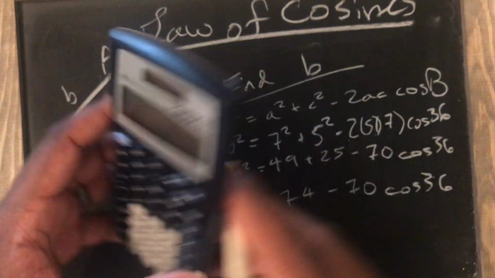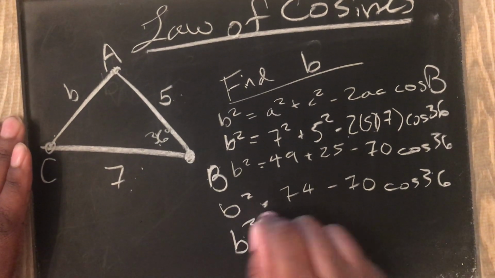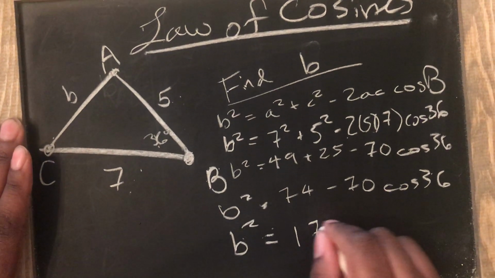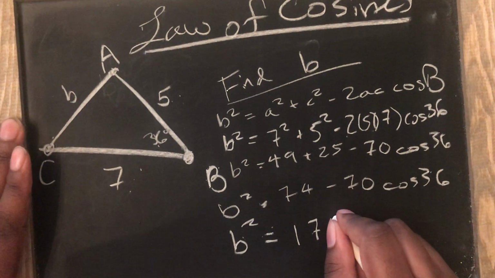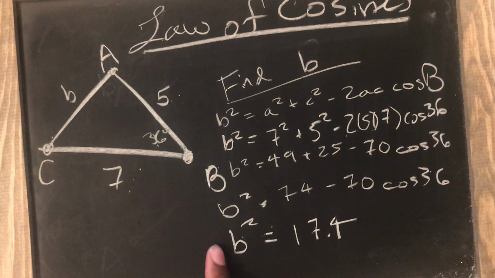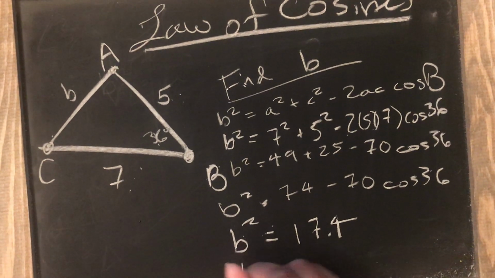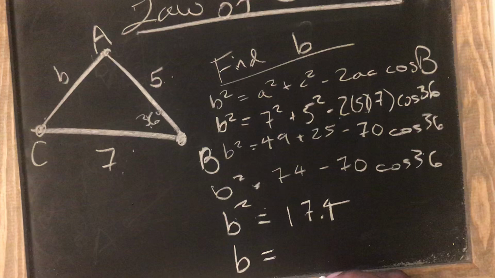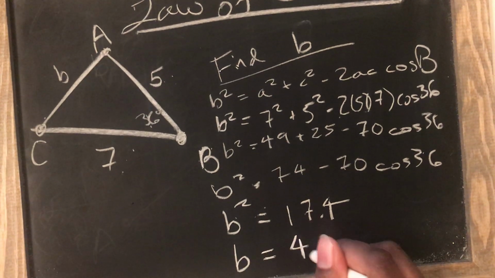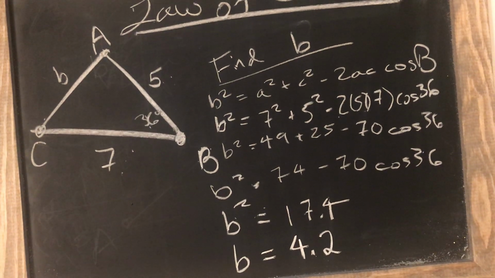Make sure your calculator's in degrees, and we get that b squared is 17.4, rounding. Now, if b squared is 17.4, you have to take the square root of both sides, so b itself ends up being 4.2. Those are the first kind of problems that we're going to deal with, and let's do another one.